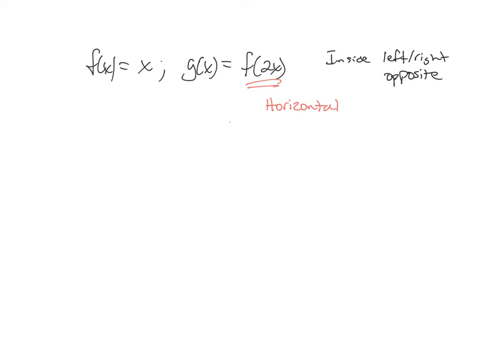So instead of a stretch, it's going to be a shrink. And I need to do the reciprocal of the 2. So everything kind of gets done the different direction, or opposite.